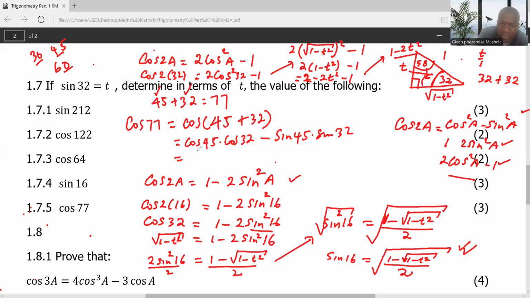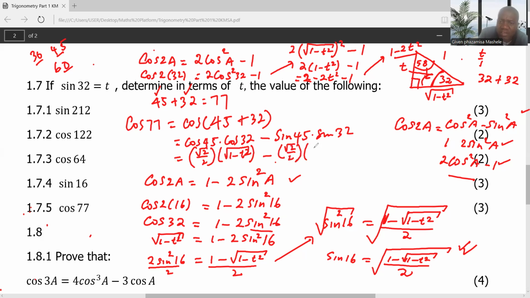Cos 45, we know it's root 2 over 2. Cos 32, we'll get it from our temporary special angles, will be the root of 1 minus t squared. Sin 45 will be root 2 over 2.